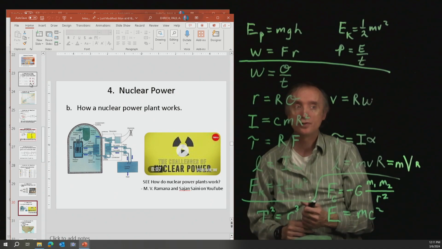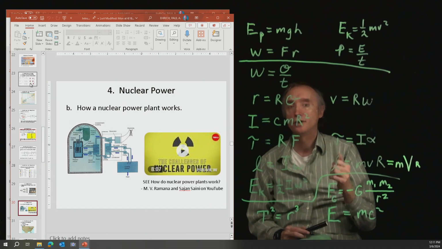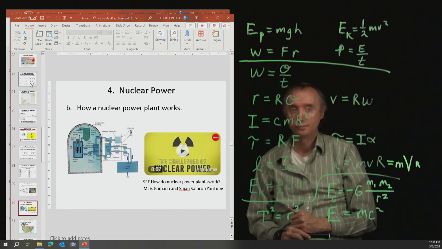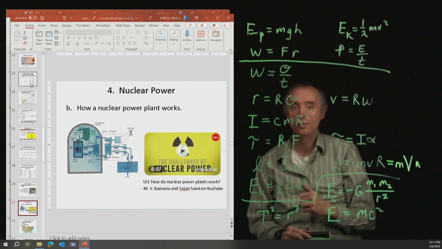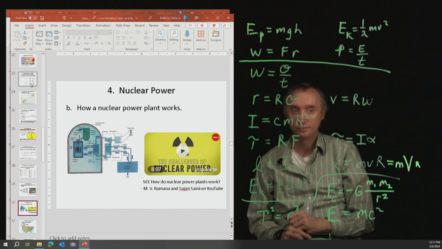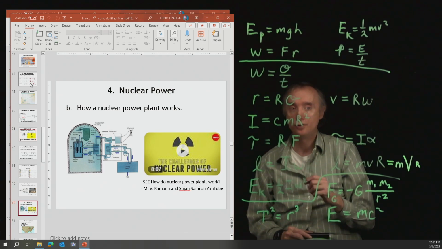I want you to know the words containment vessel, fuel rod, control rod, and moderator. Do your research, because all of those are parts of a nuclear reactor.